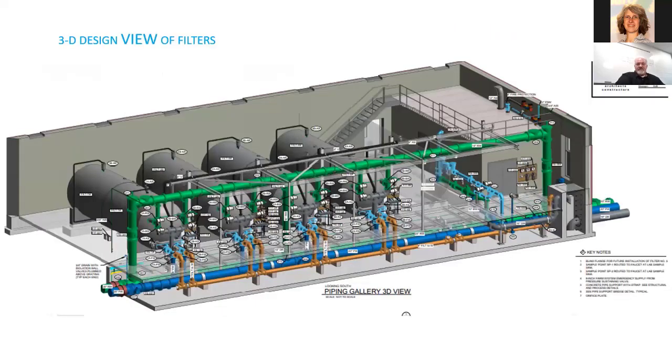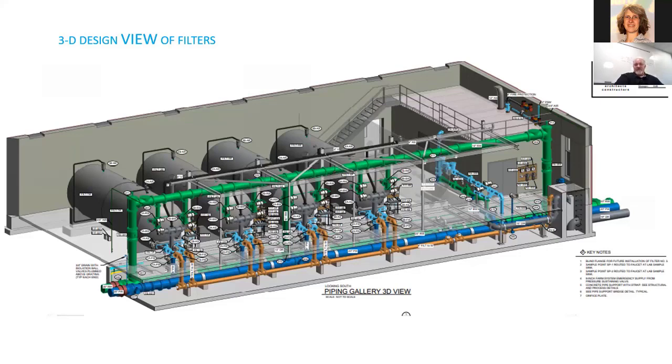Here's a 3D view of what's on the treatment floor. The green pipe is the inflow from the well system. We can feed from either end of the building, and distribute to the filter cells from that.